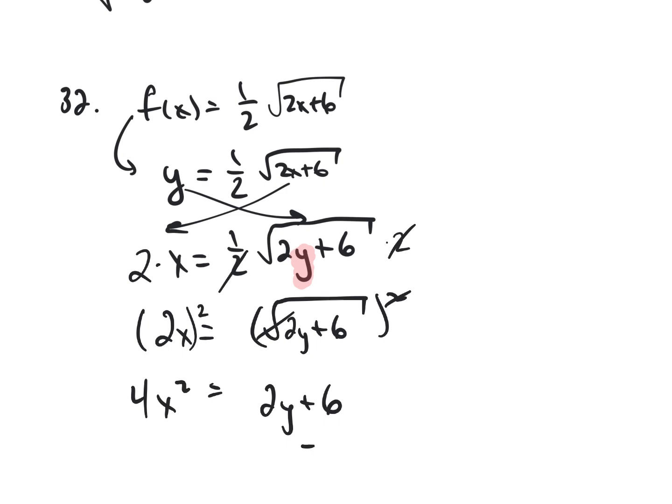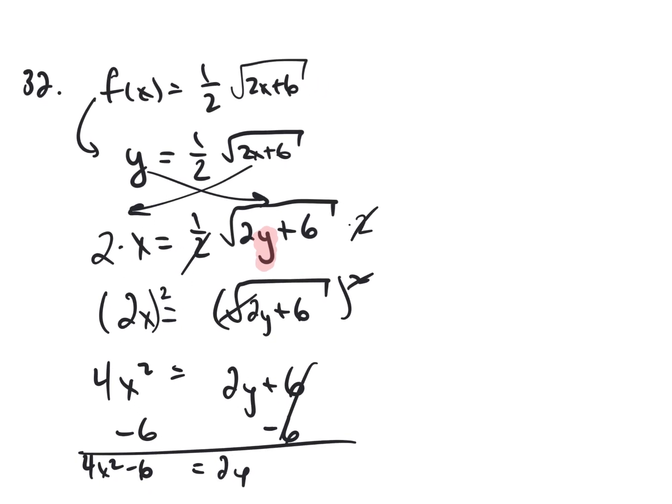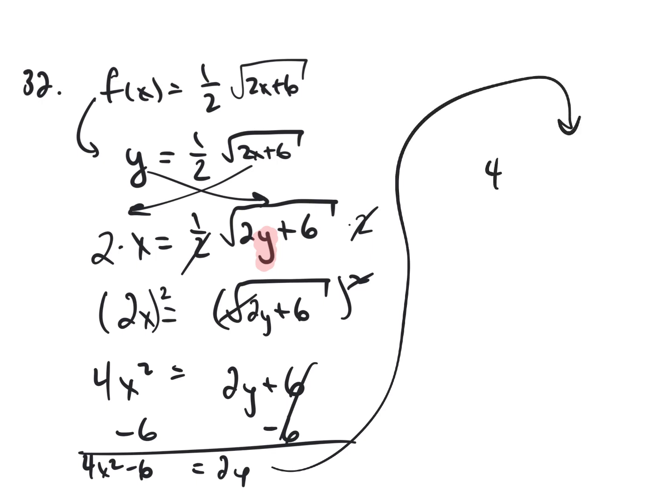Then move plus 6 to the other side by subtraction. And I'm writing a little too big, so I'm going to have to scooch this across to finish off. So there's where I'm at right now. And then to get rid of the times 2, divide.